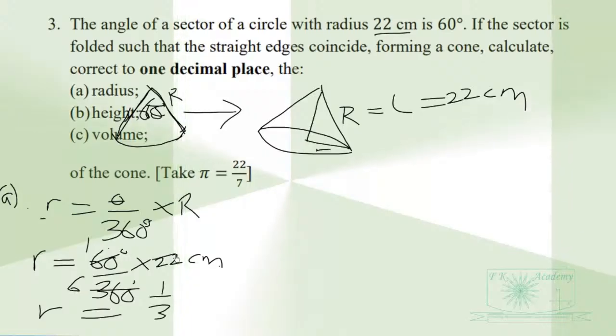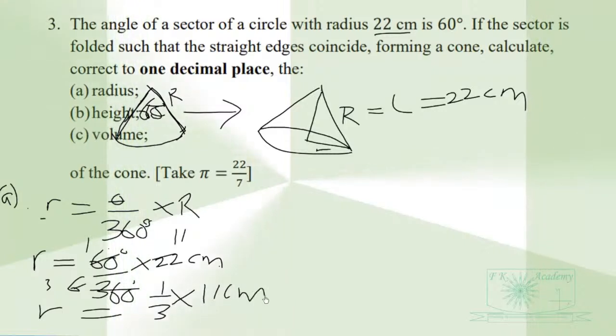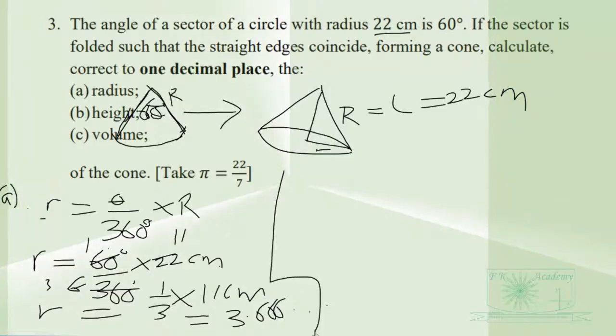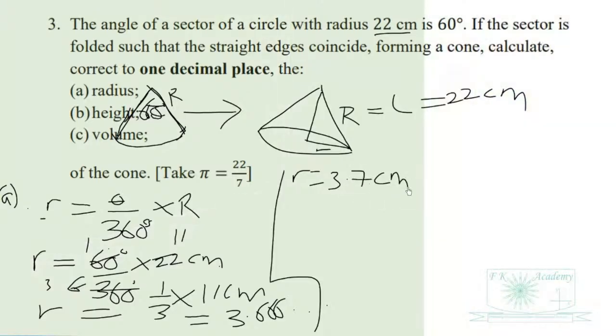Then 2 will go into 22 11 times and 2 will go into 6 3 times. So we get 1 over 3 times 11 centimeters. When we simplify this, we get 3.666 recurring, and we round this to 3.7 centimeters, because we are asked to round to one decimal place.